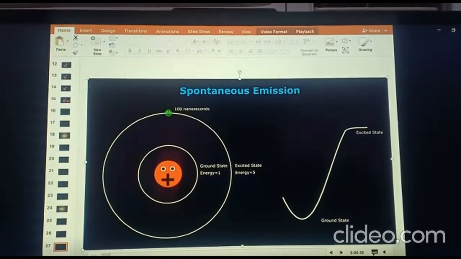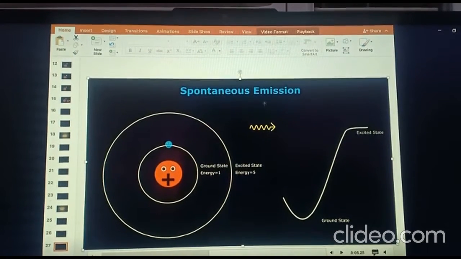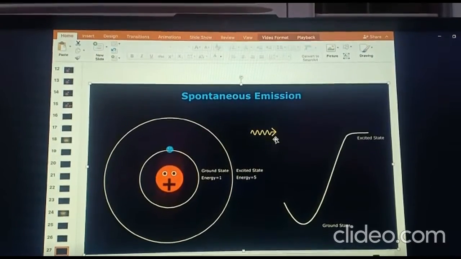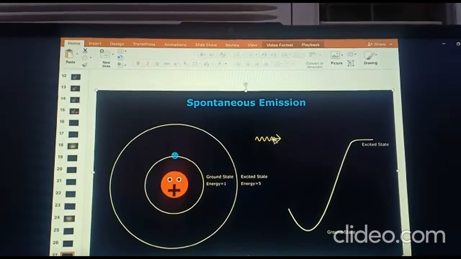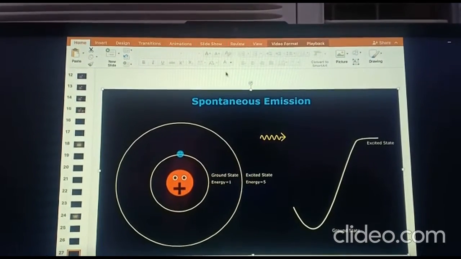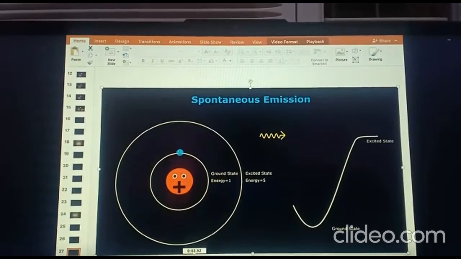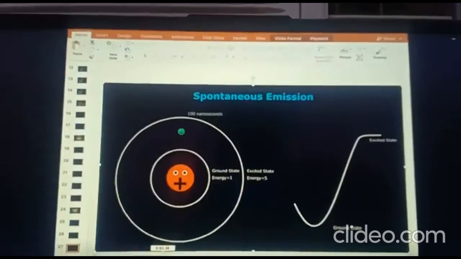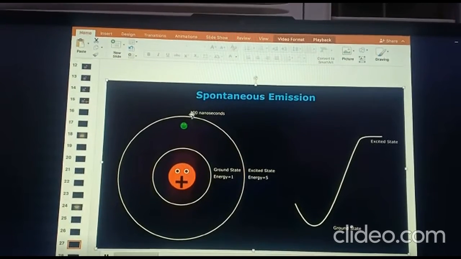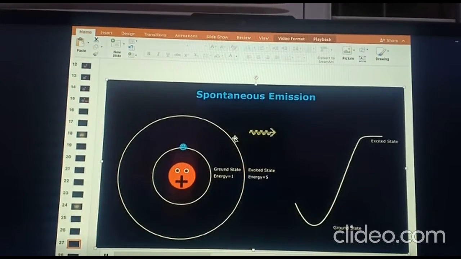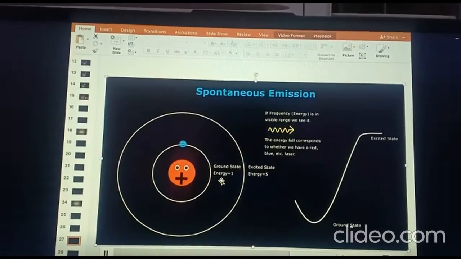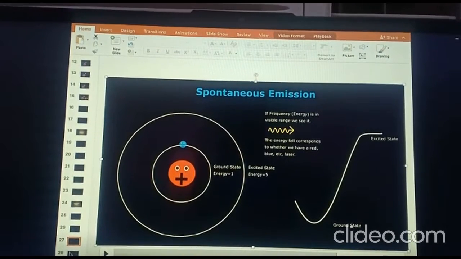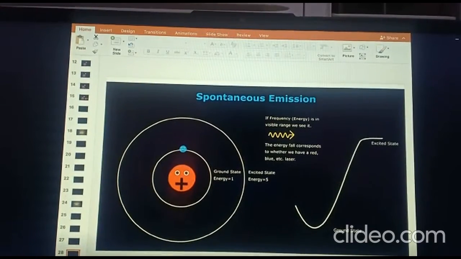Okay, so let's see what happens when it comes back to the ground state, releasing an amount of photon energy. And as you know, when energy is released, it means light. If it is in the visible range, then the light can be seen. Let's have a look once again. It's coming down to the ground state, releasing an amount of energy; emission is taking place. If the frequency of that energy is in the visible range, we see it.